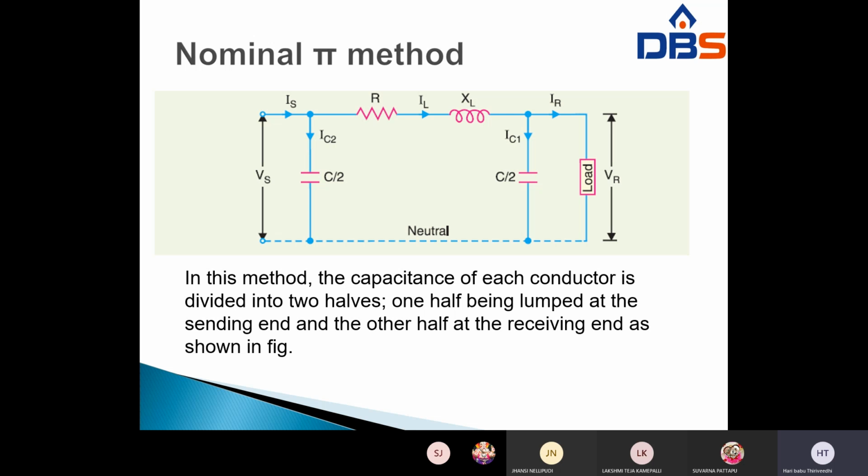So for medium transmission lines, the first method is end condenser method, second method is nominal T method, third method is nominal pi method.